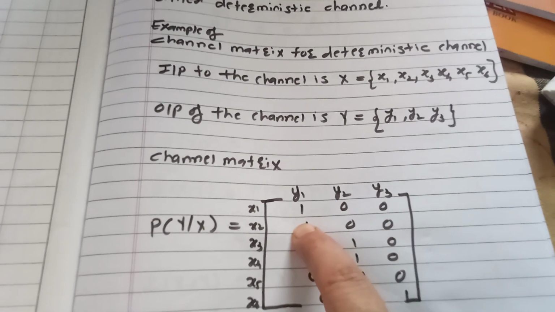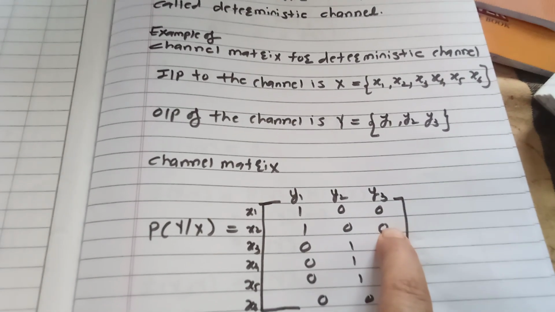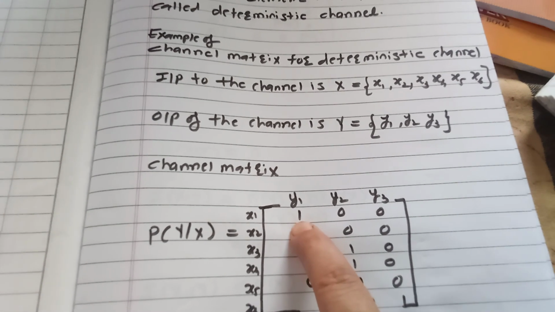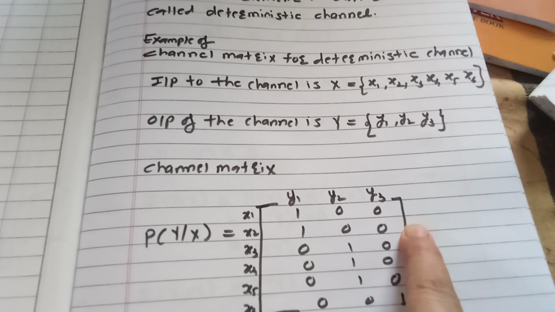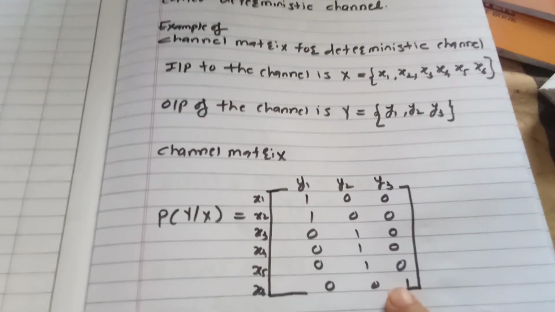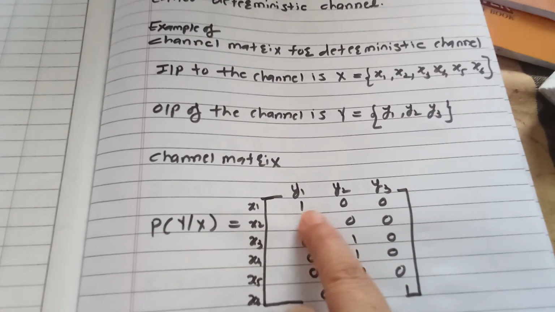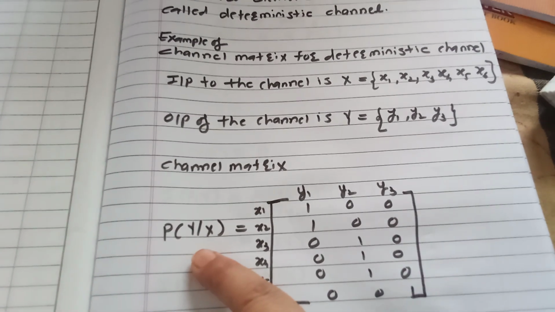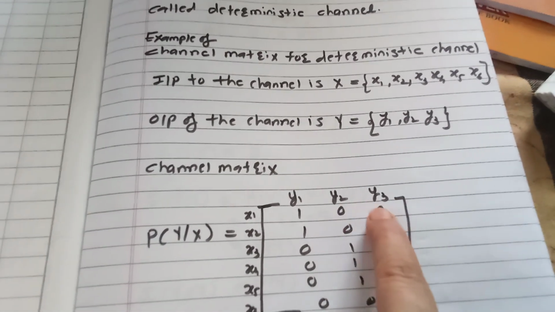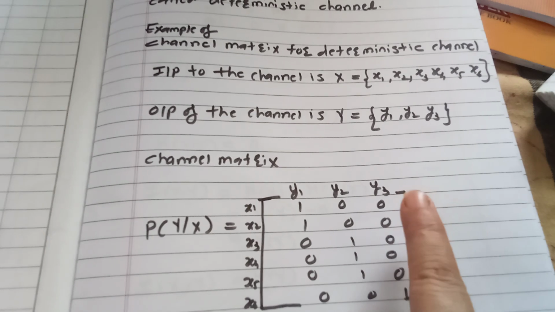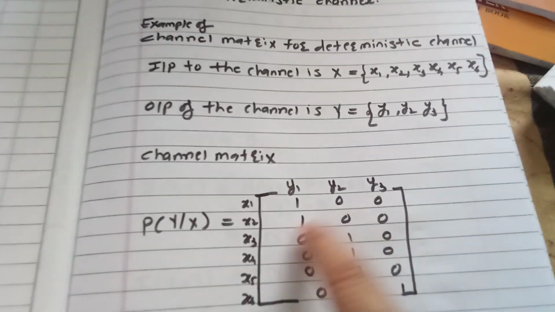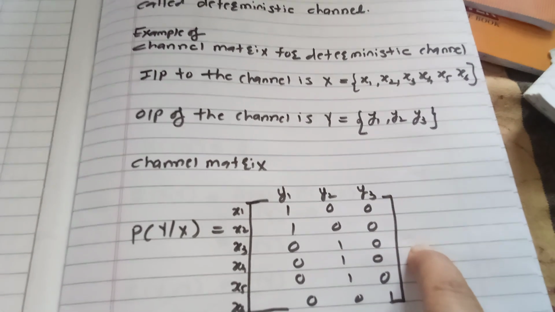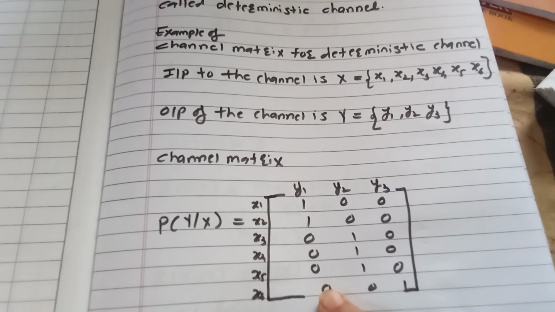Here also the addition should be 1. That's why the probability is 1 in each case. So there is one non-zero element in each row, and that non-zero element should be 1, because that is the condition for the channel matrix: the addition of all elements of one row is equal to 1. So this is the channel matrix.